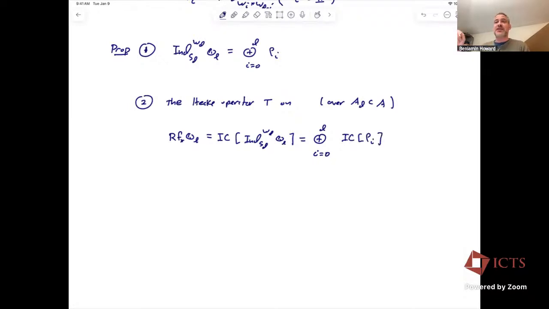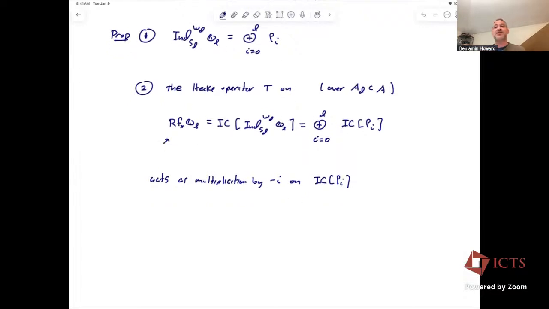And this operator T respects the decomposition, and it acts as multiplication by minus i on this summand. So modulo this mysterious IC functor, we've got a concrete description of this sheaf and a concrete description of the Hecke operator acting on it.